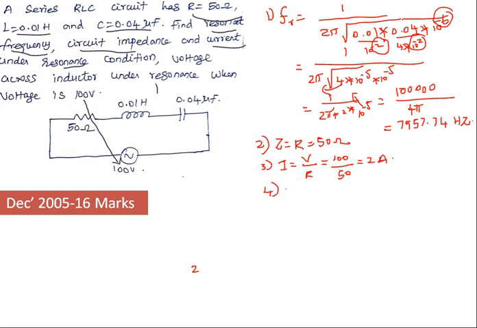So what is the term 4? VL, voltage across inductor, voltage across resistor, voltage across capacitor. So voltage across inductor should be equal to I into XL, which is equal to 2 into XL, 2 pi FL, 2 into pi into F value 7957.74 into L value 0.01. 0.01 is nothing but 10 power minus 2.